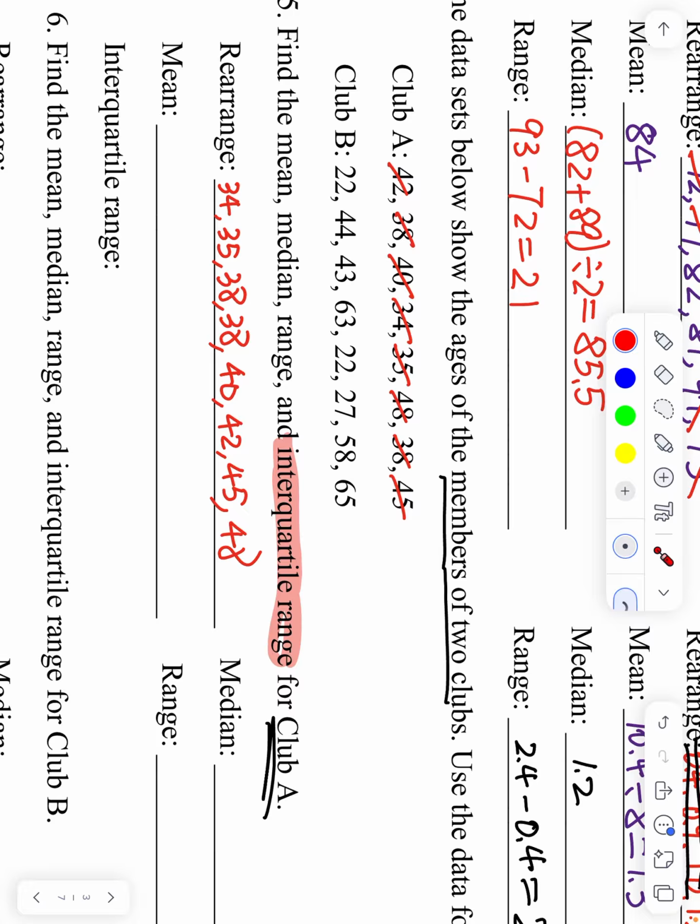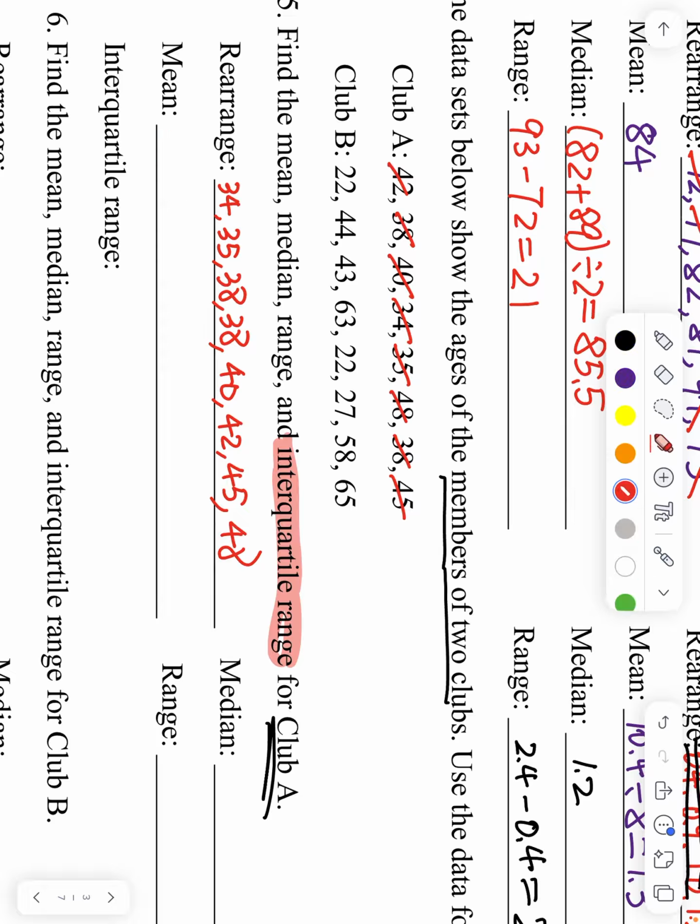Okay, mean. Add all the numbers together, use a calculator. You have a calculator on your phone, right? So 34 plus 35 plus 38, another 38 plus 40 plus 42 plus 45 plus 48.